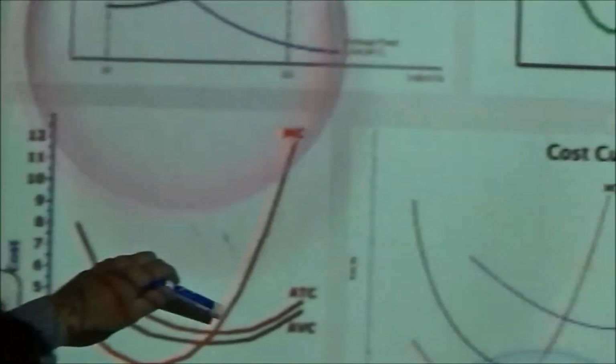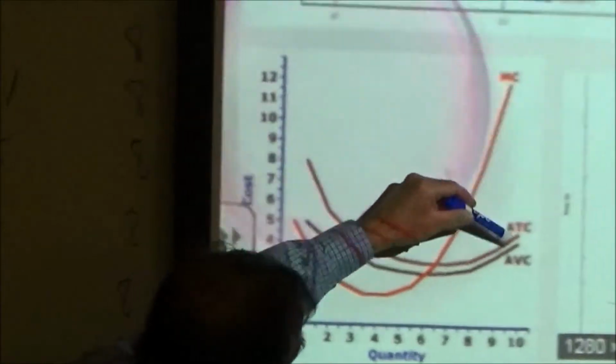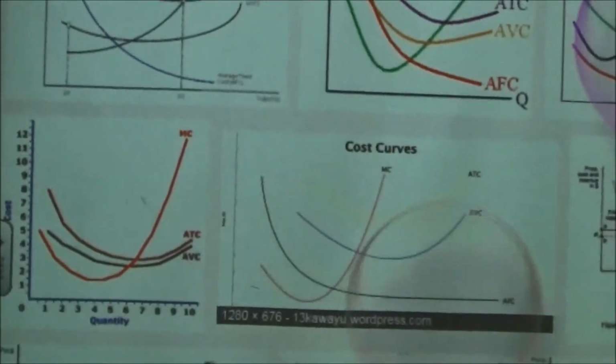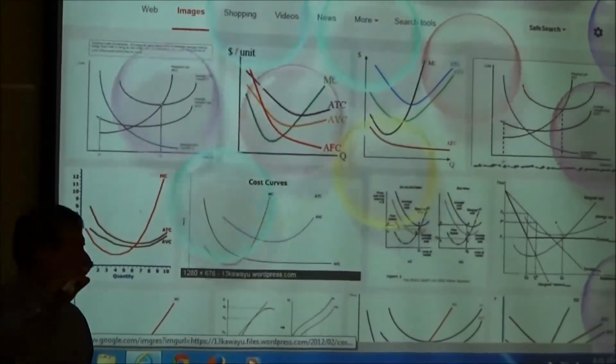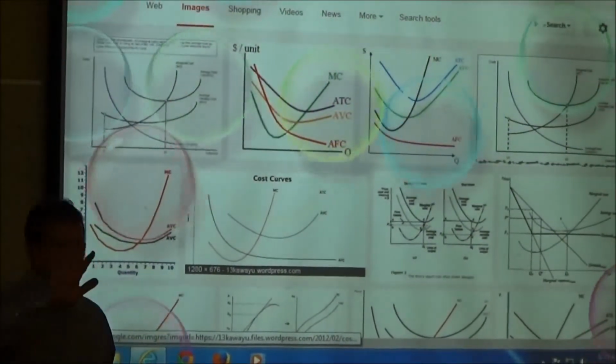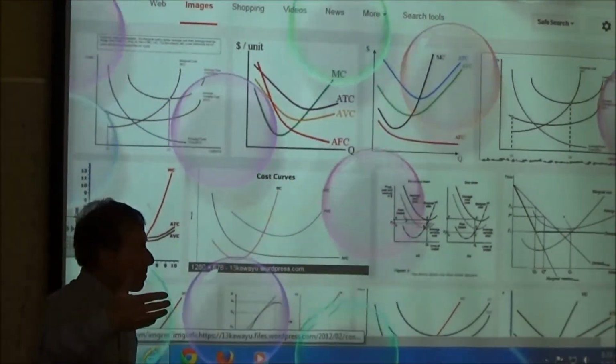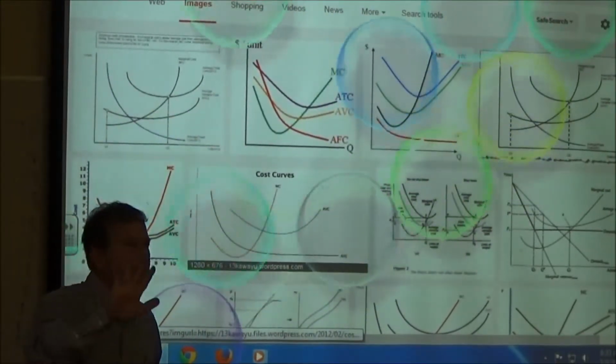Now what happens is this average and average variable will get closer together. So there are about 5 points I want to talk to you about that you always have to remember about these cost curves. Here are the 5 important points.